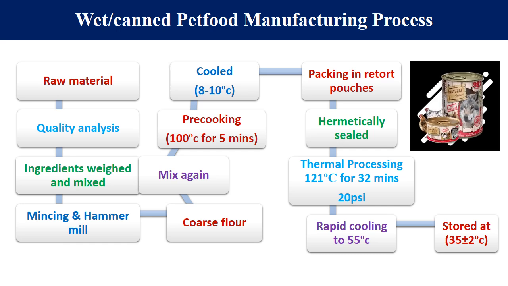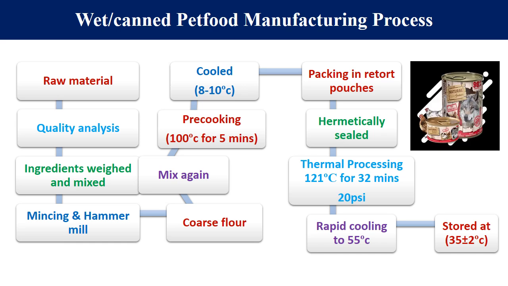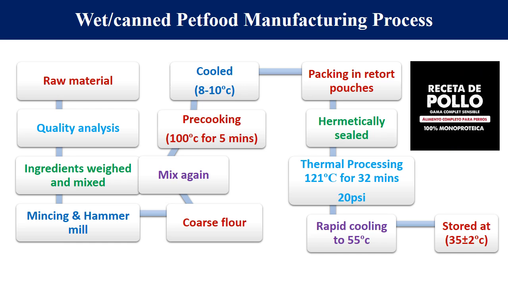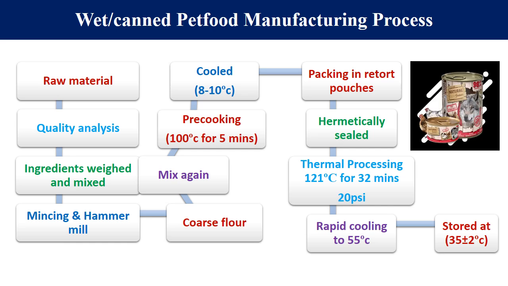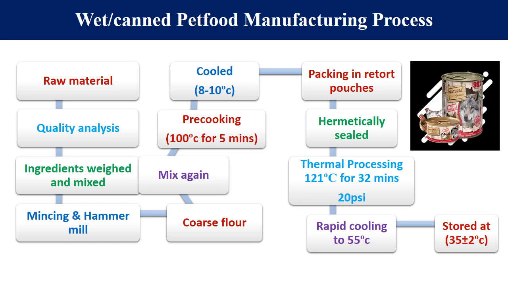It is a high temperature and pressure processing, which is enough for sterilization of the material and killing all the pathogens. So it is done at a minimum of 121 degrees Celsius for 32 minutes at about 20 psi. After this processing, it is slowly cooled down, and then it is stored at around room temperature. So this is briefly about the making of wet or canned pet food.